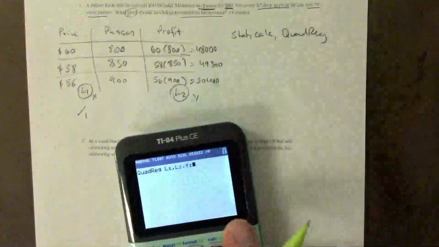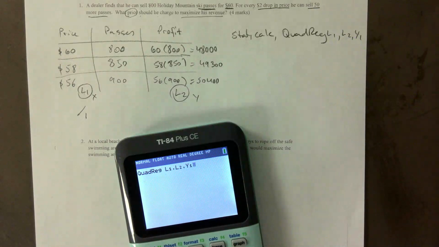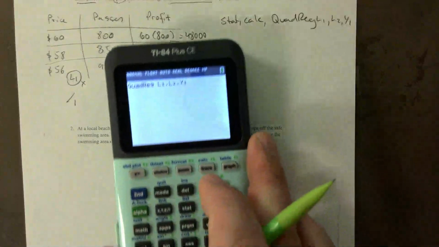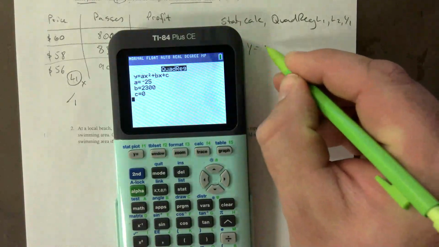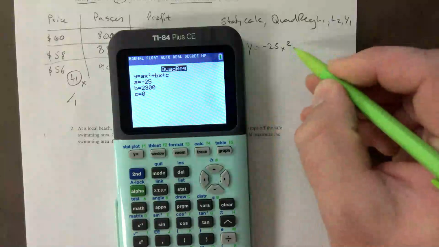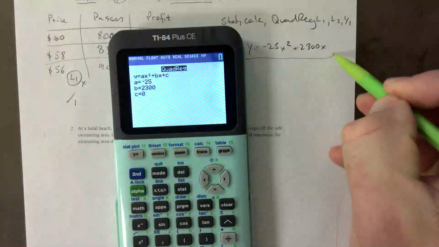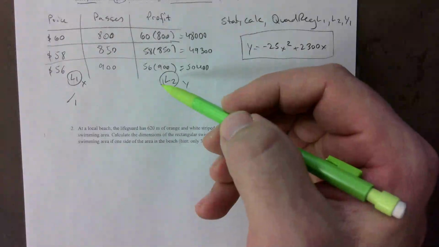Some of you might have to tell yourself L1, L2, y1 to remind yourself what I'm expecting. I wouldn't require that, but anyways, here we go. You're supposed to get negative 25x squared plus 2300x. That is, hold on, that is if your table is exactly like mine.